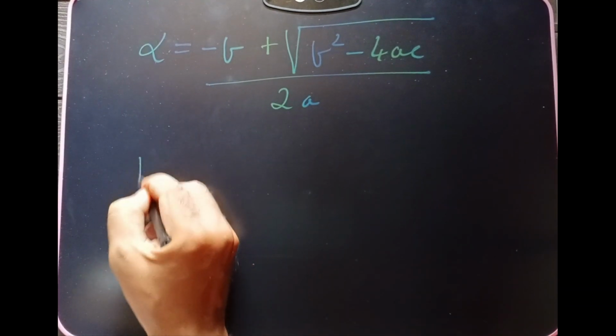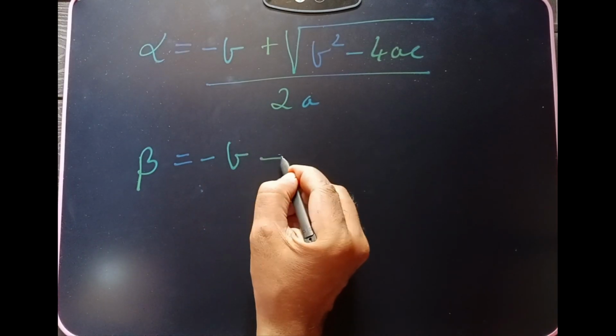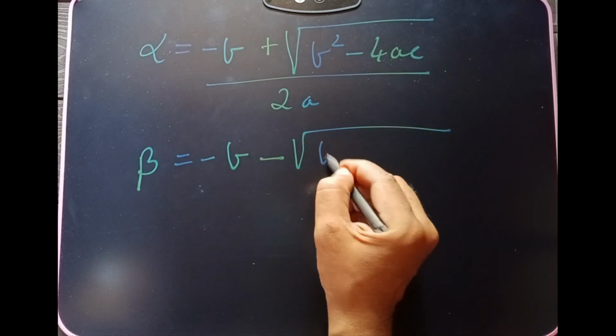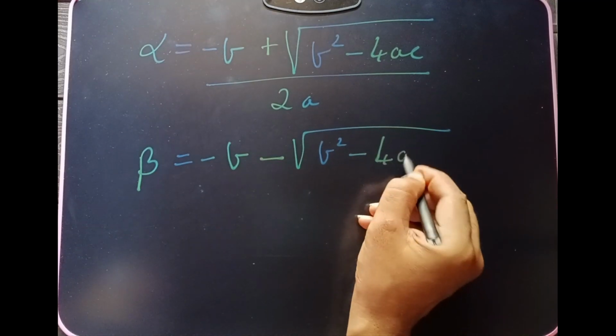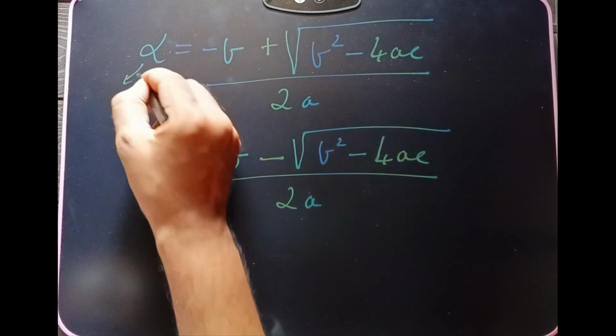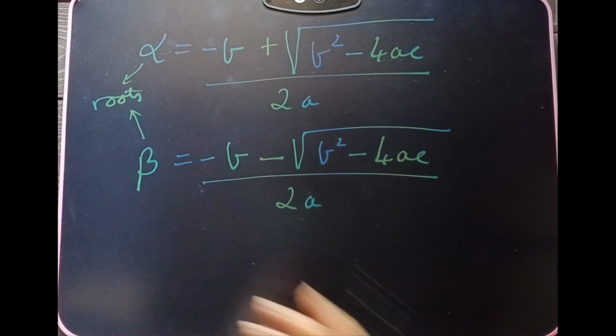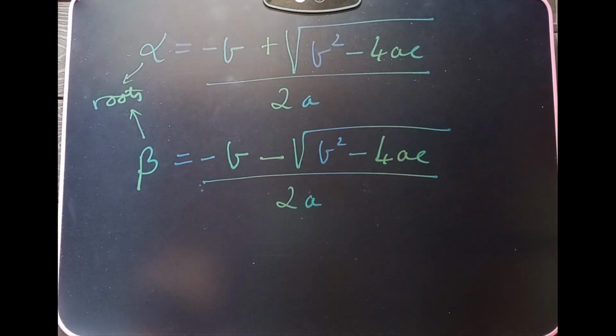This is alpha. And beta, which is the other root, is given by minus b minus square root of b square minus 4ac divided by 2a. These are the two roots.